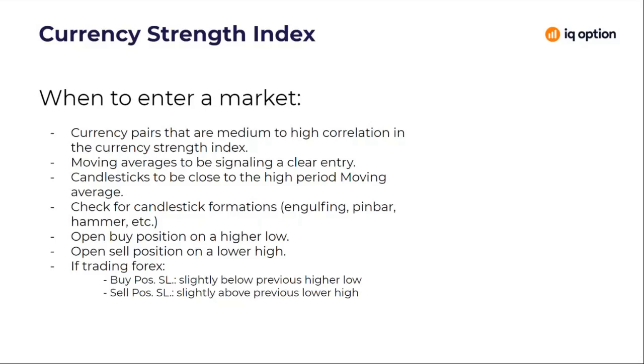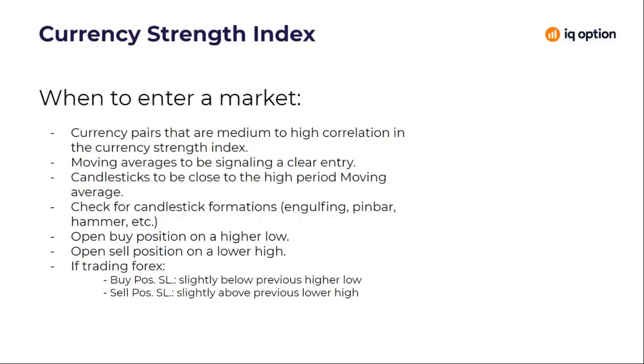Not very bright red or blue, but bright red or blue, or slightly bright red or blue. The moving averages to be signaling a clear entry. This is what we need. We need tools to look into that will signal us to either enter or exit the markets.